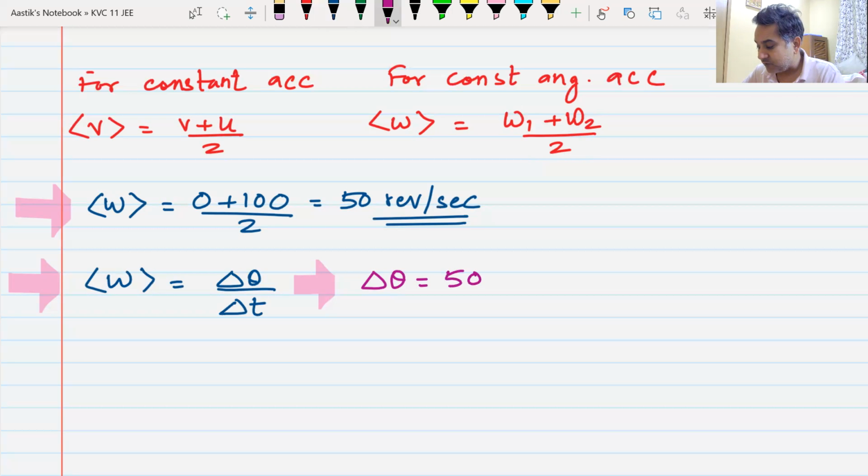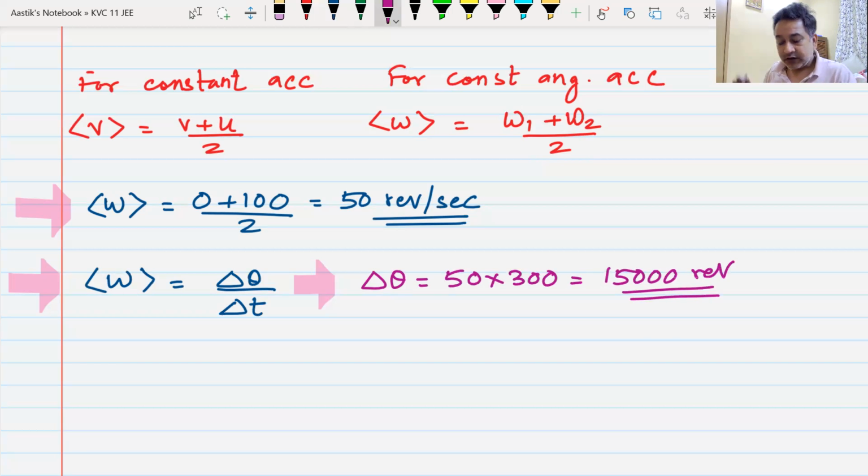So average omega is 50 multiplied by time 300, and you could have got the answer 15,000 revs very quickly. To get the value of alpha, you'll have to use the previous method. You know omega 2, you know omega 1, you know time. You can calculate alpha from there.